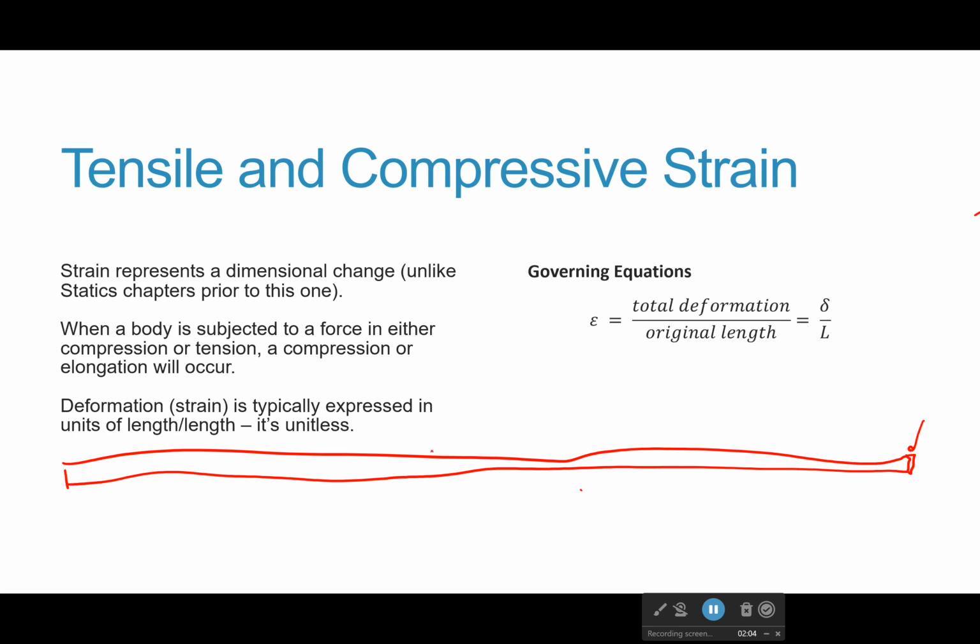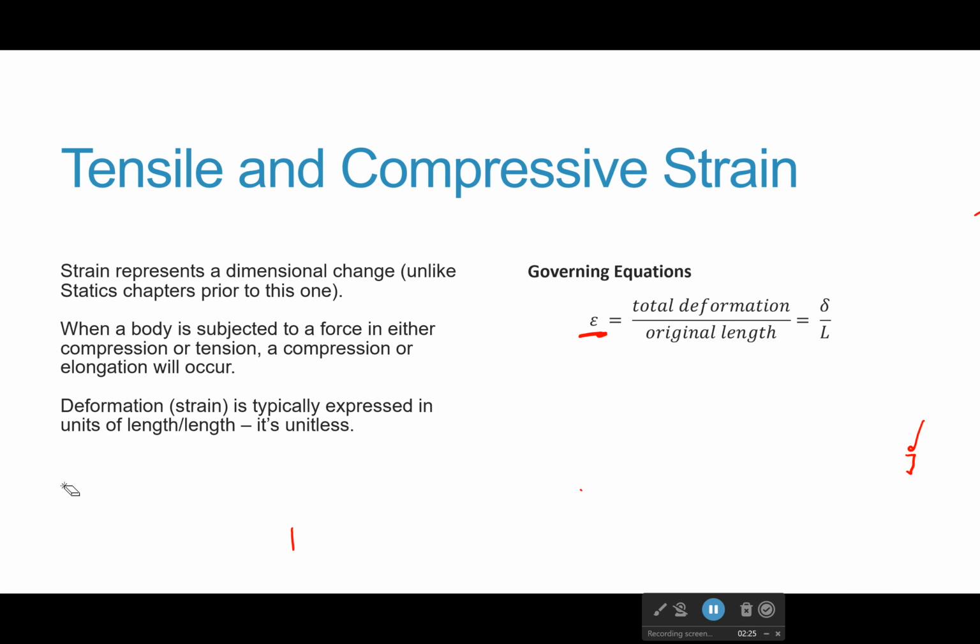But if something is a foot long and it's able to stretch a foot, that's a lot of stretching ability. That's like rubber. If I make a metal that can do that, what in the world? That's incredible. So we look at things in terms of strain. Strain is simply a way of normalizing.